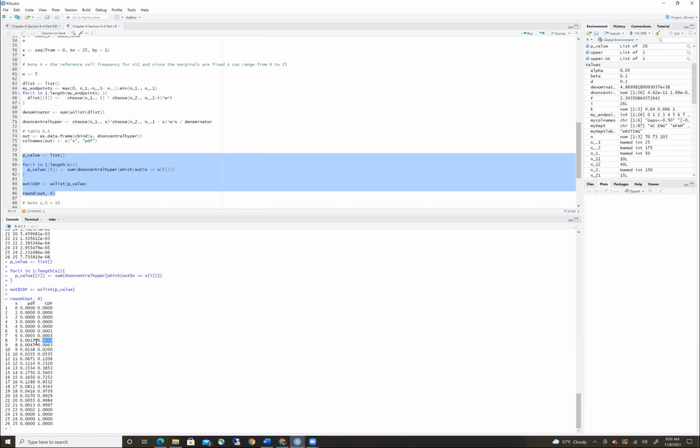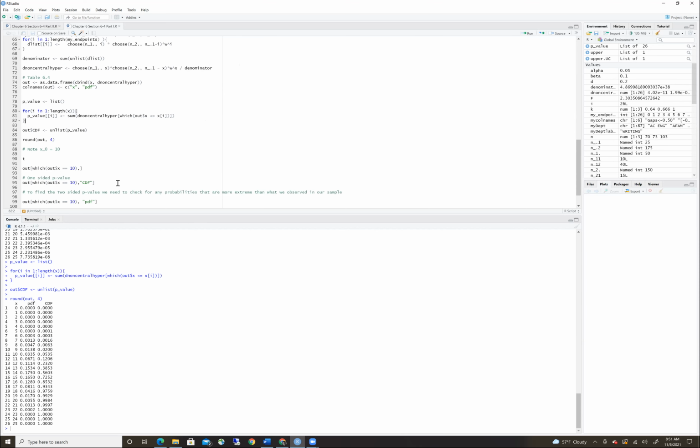So then I get a value of 0.0016. Even though these formulas would be somewhat hard and tedious to do by hand, by using some functions in R, we can calculate these values a lot faster, which is nice. And then we can move on.